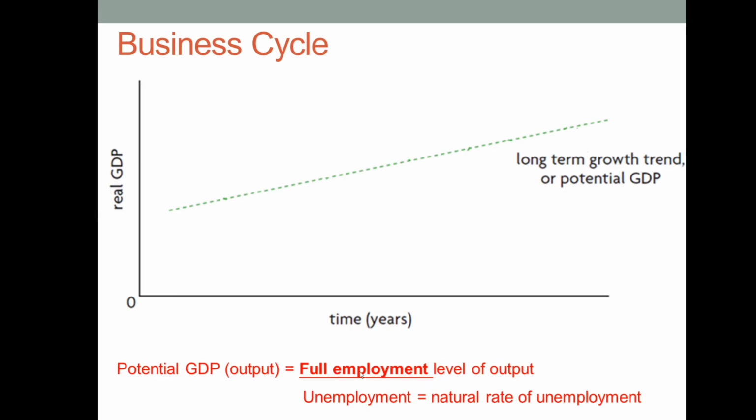At the same time, if you are at the full employment level, the unemployment is equal to the natural rate of unemployment. What does it mean? Do you still remember that? Full employment, does it mean everyone in the society gets a job?